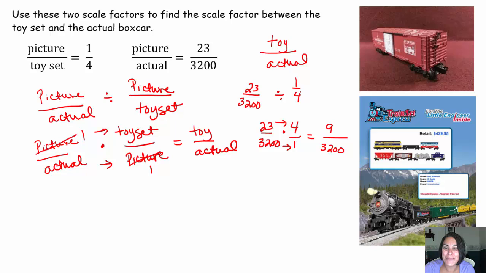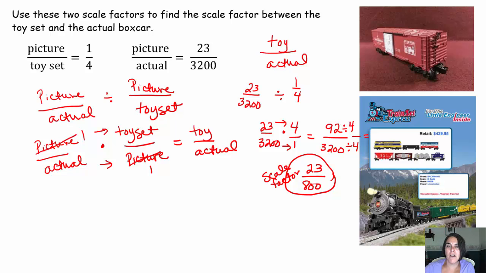It's 92. Now I know I can divide numerator and denominator by 4 to write this in simplest form. And 92 divided by 4 is 23, over 3200 divided by 4 is 800. So that right there is my scale factor for toy to actual. And what that means is that the size of the toy is 23/800ths of the actual.